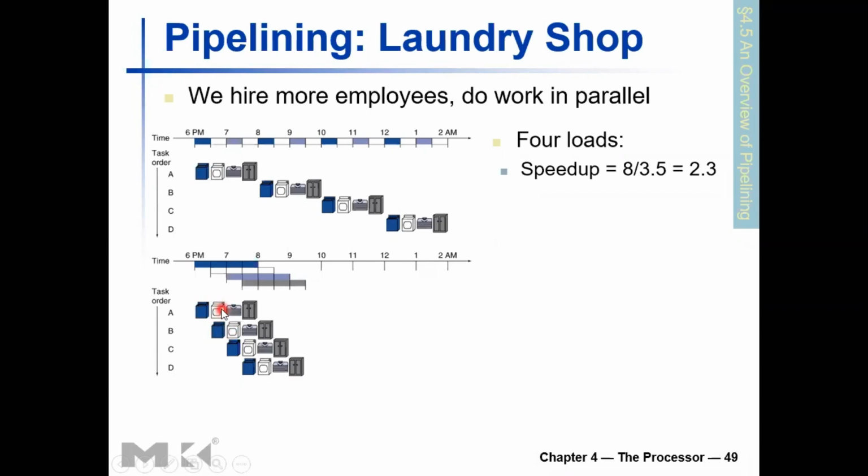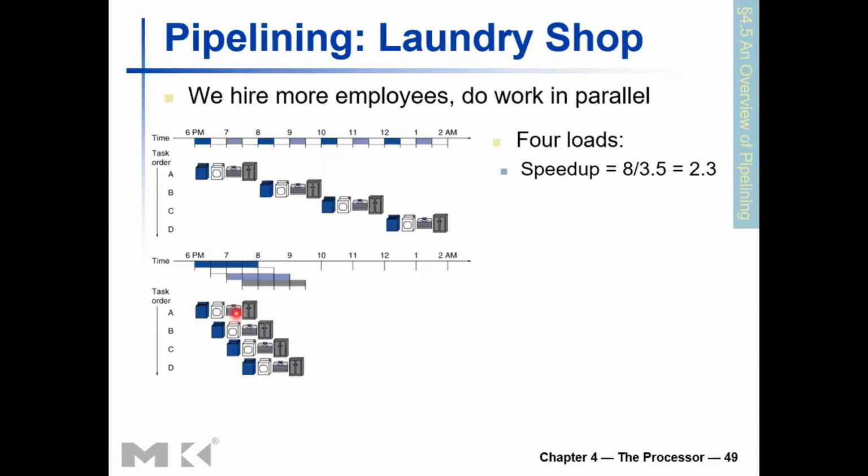Then once the washing is completed for the second customer and the drying is completed for the first customer, we can move on to folding the first load, drying the second load, B, and we can start washing the third load, C. Okay, so now 3 things are happening in parallel: folding, drying, and washing.